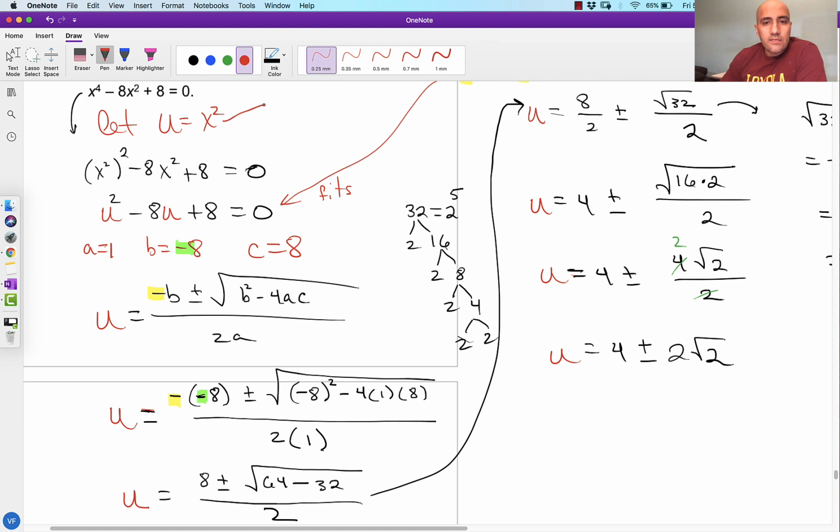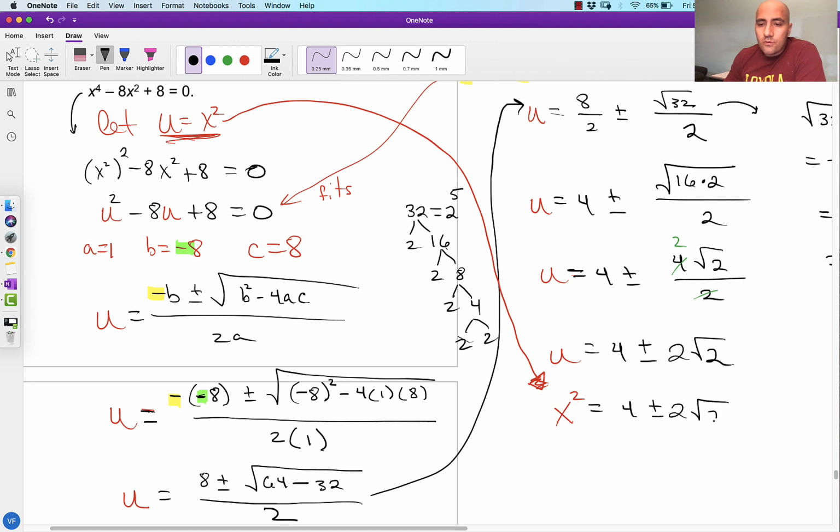So I'm going to bring this guy over and substitute it right in there. So remembering that u was actually defined to be this, that's how I did all of this. I end up with x squared is equal to 4 plus or minus 2 root 2.